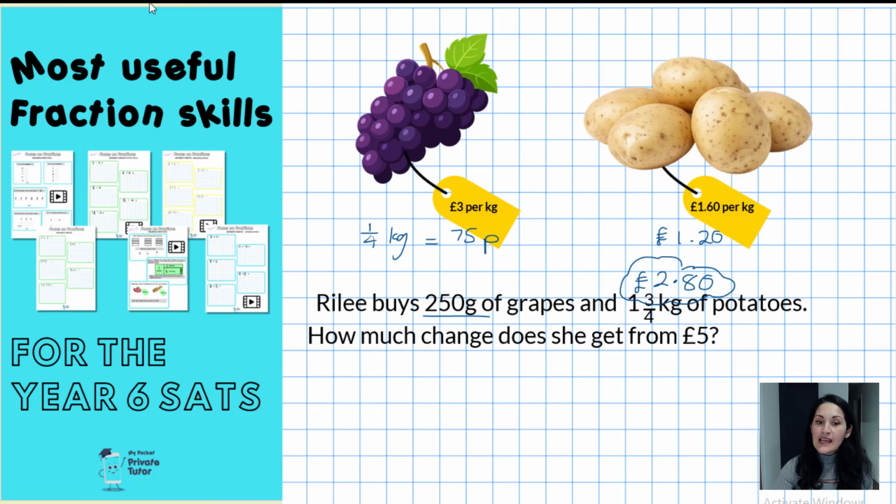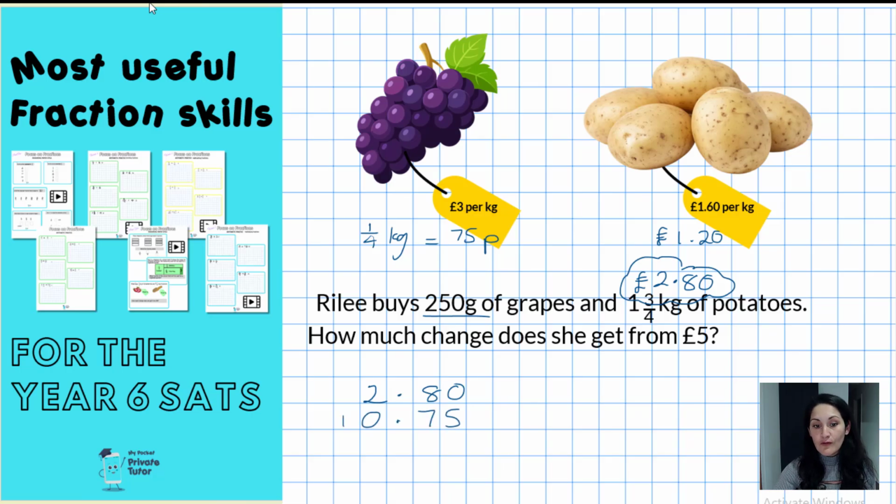So let's say you've got the right idea for quarter of a kilogram, and you have also got the right idea for 1 3/4. Then the adding up. So the adding up of your £2.80 and your 75p. This can be added up incorrectly if we don't write the 75p as a pound.